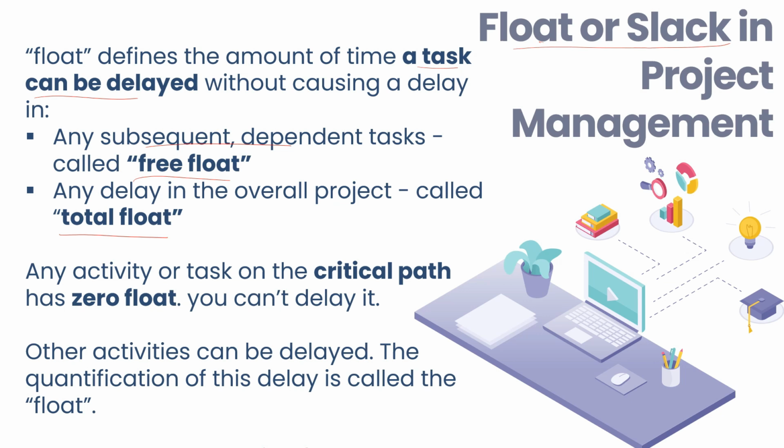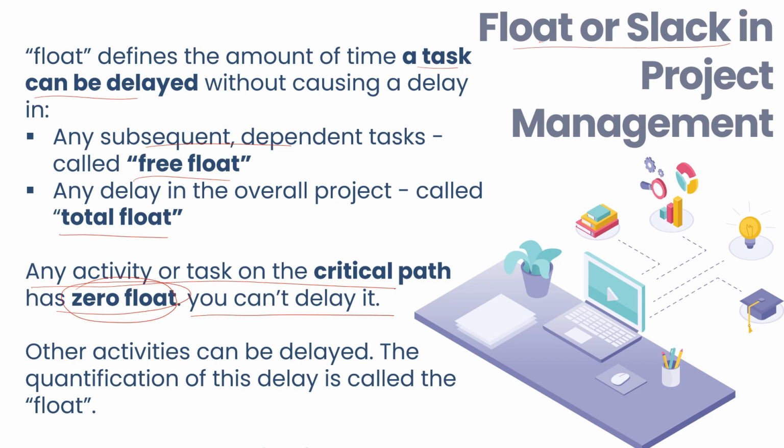Here one thing you should notice is that any activity which is on your critical path will always have zero float. It means you cannot delay those activities. So the activities on the critical path cannot be delayed, and that's the purpose of the critical path method, to identify those activities where you should be cautious or focused so that you don't impact your project schedule completion.